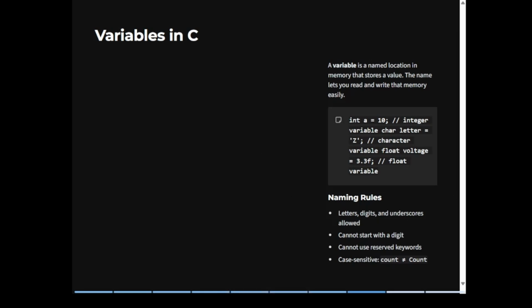Okay, so there are some naming rules for variables. Letters, digits, and underscores only are allowed. Letters means lowercase and uppercase A to Z, numbers are 0 to 9, and underscore is like the symbol underscore. And second is what is not allowed in variables. You cannot start with a number, like int 1a, and no spaces in variable names.